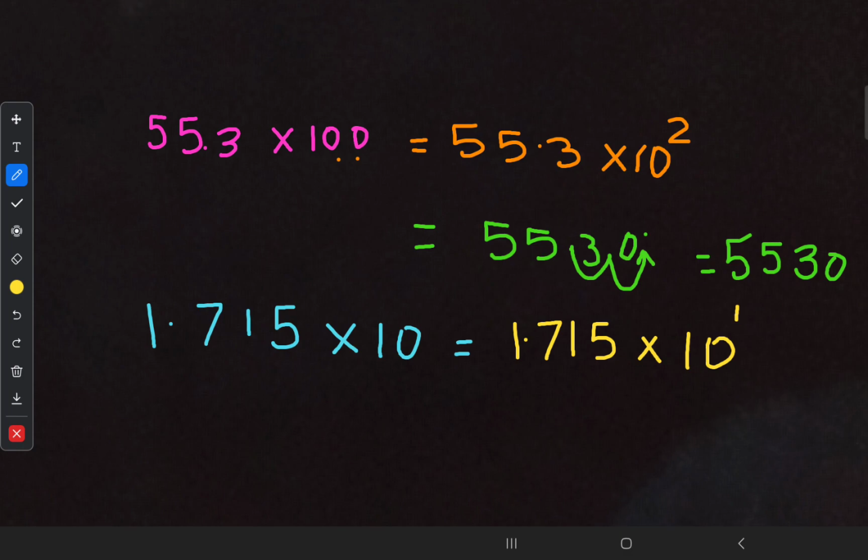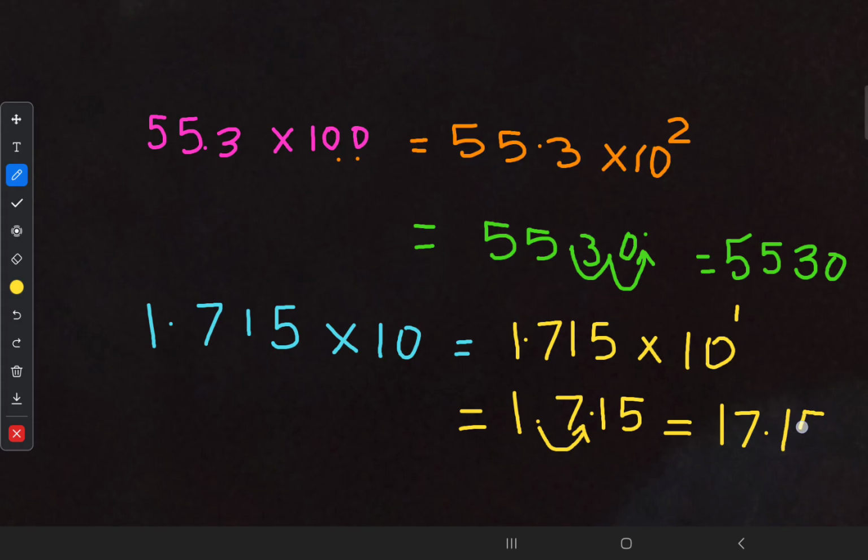So with 10 to the power of 1, your decimal should move one digit towards its right. So finally your answer should be 17.15.